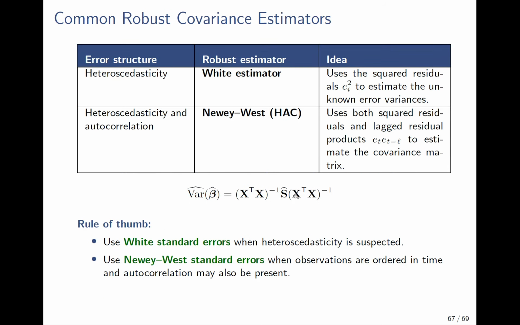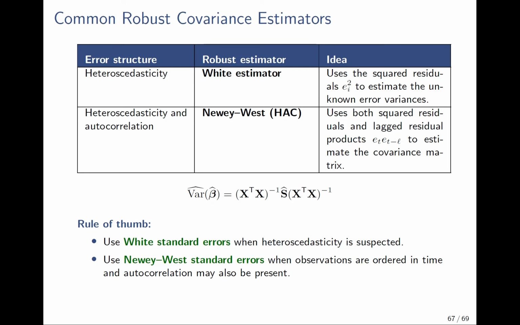And the table here briefly summarises 2 robust covariance estimators that you'll encounter in practice, and I'm not going to go through the technical detail of them. I'm just going to explain at a high level what the idea is. So for heteroscedasticity, the robust estimator is called a White estimator.